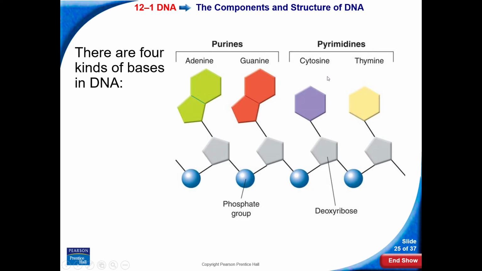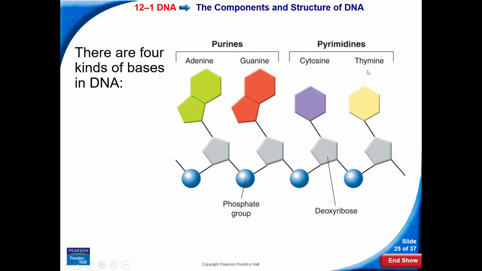Some of the nitrogen bases are going to be large, 2 of them, adenine and guanine, and they'll be called purines. 2 of the 4 different kinds of nucleotides with different nitrogen bases are going to be smaller, and they're going to be called pyrimidines. That's the cytosine and the thymine.